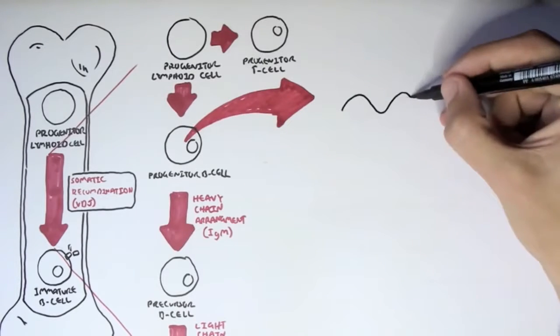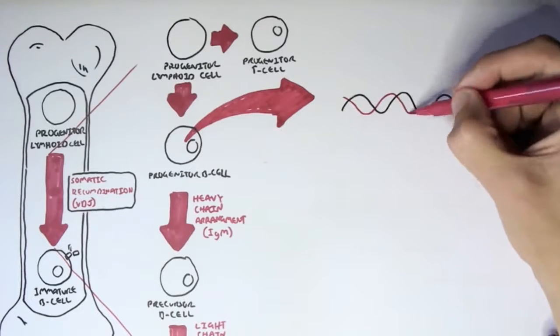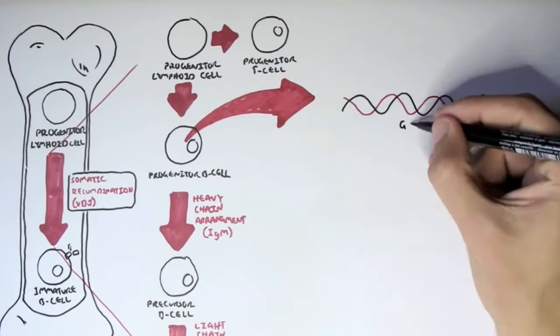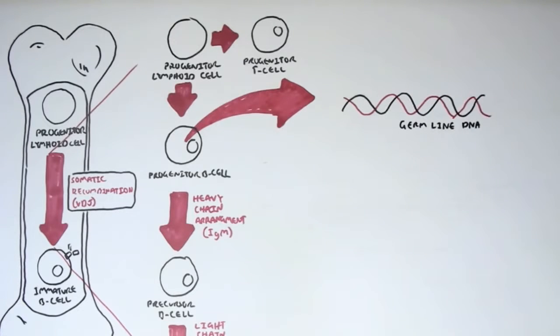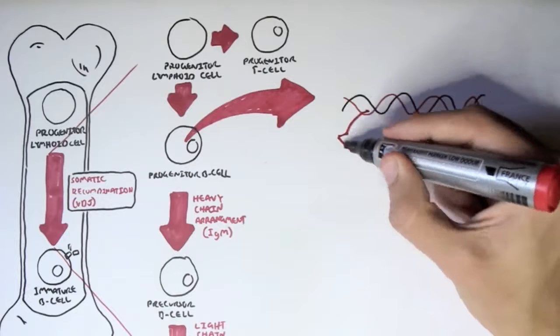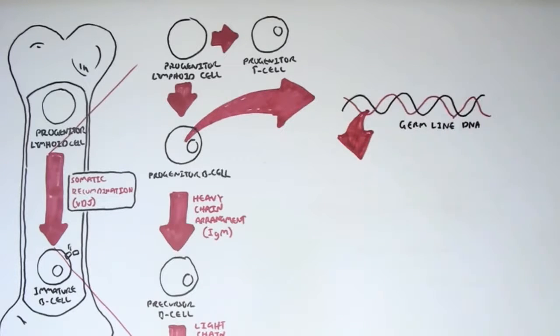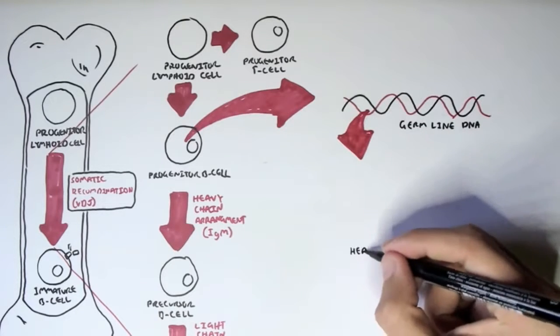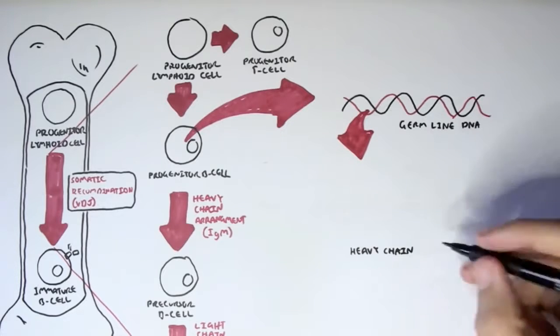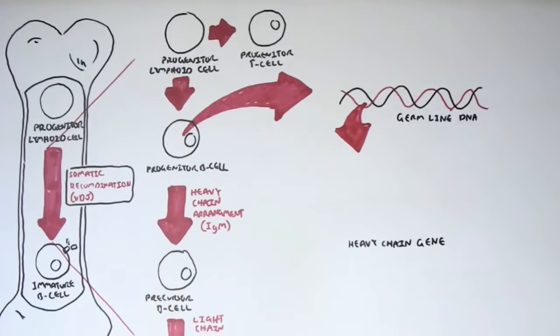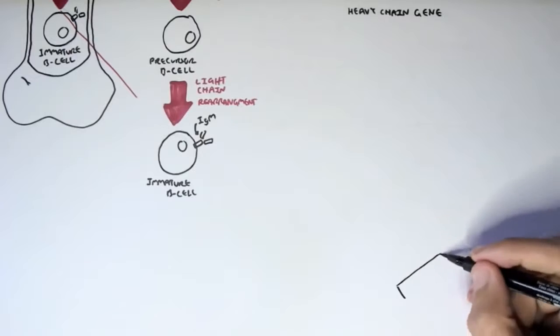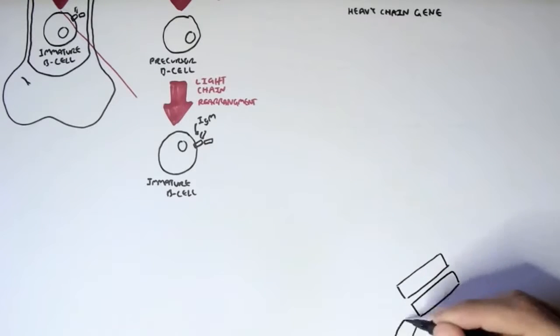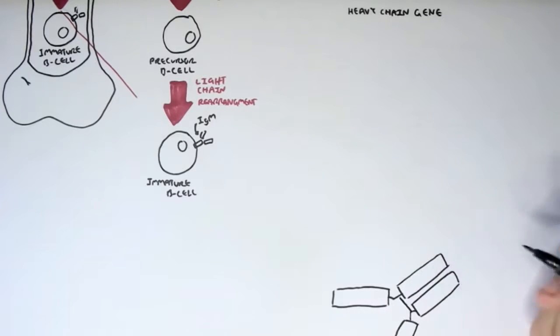So here we have the DNA of the germline, so germline DNA of the progenitor cell. And in this germline DNA of different types of chromosomes, we have some genes for the heavy chain. So remember, somatic recombination first involves the heavy chain. And the heavy chain gene will essentially make the heavy chain of the antibody, if you don't remember.